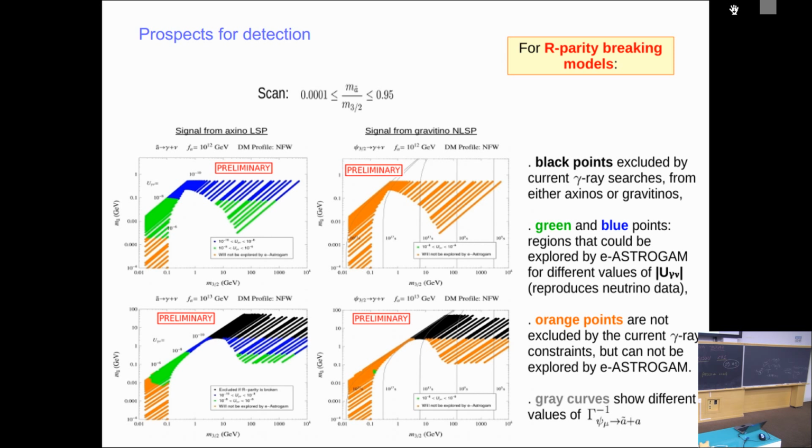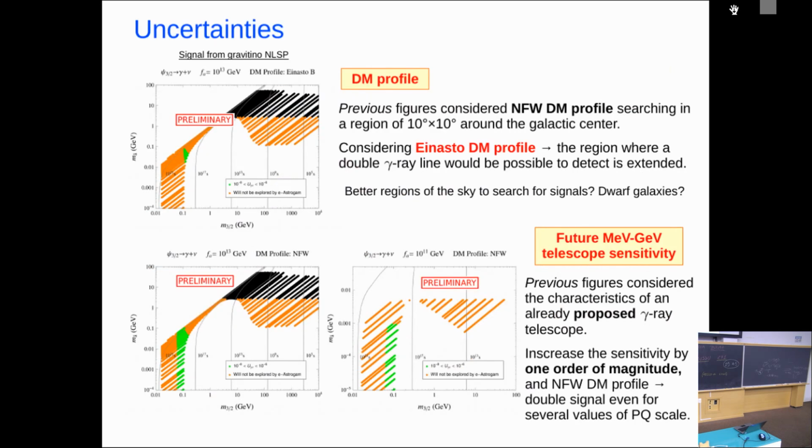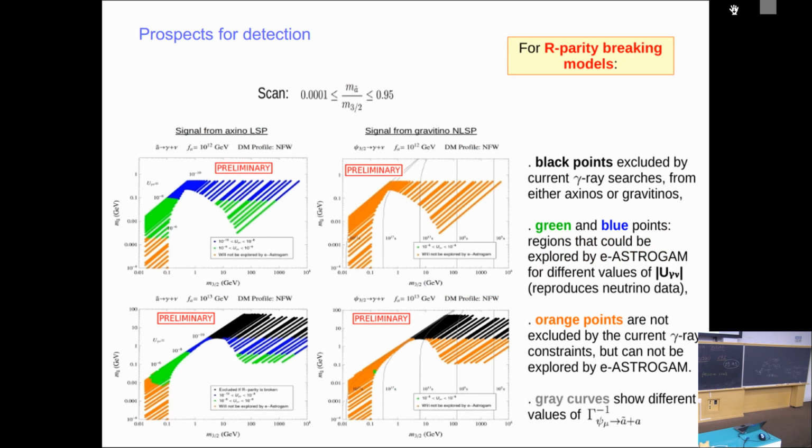In this figure I show, you can see that when you change to Einasto, for this region all these masses for the axino and the gravitino are possible, but when you go to Navarro, Frenk and White, you have almost nothing there.